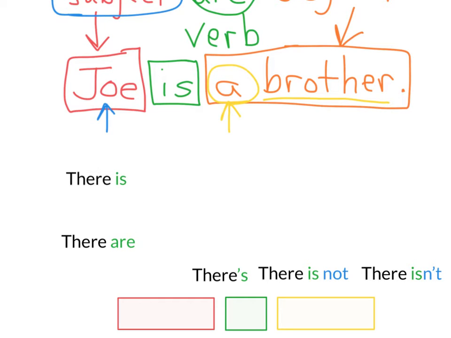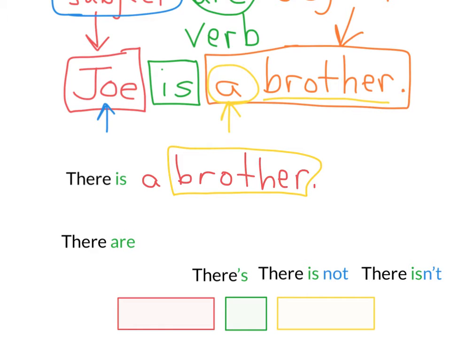So I could say, for example, there is a brother. In this sentence, brother is the subject of the sentence. It is just one, so we use is.